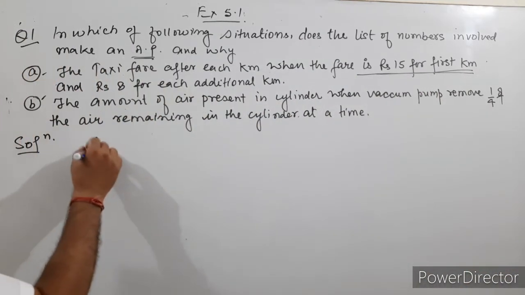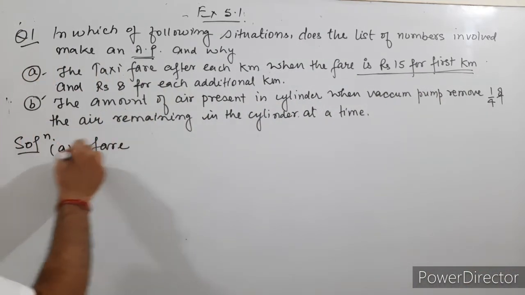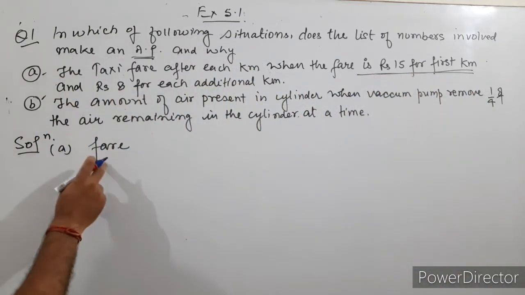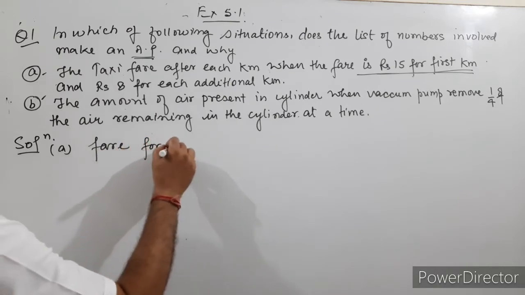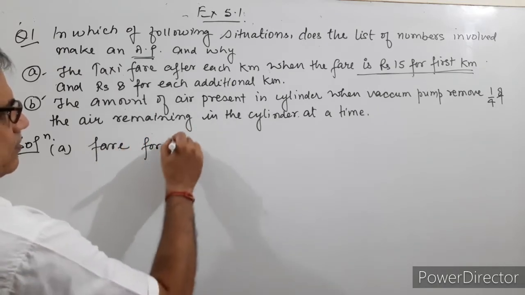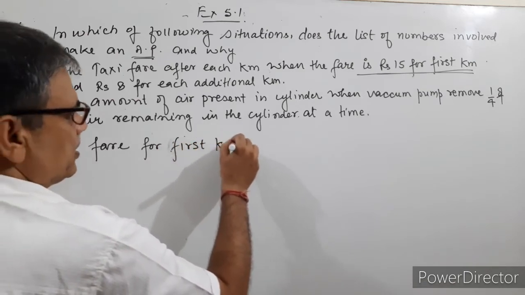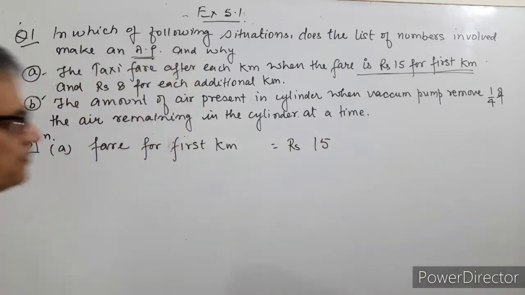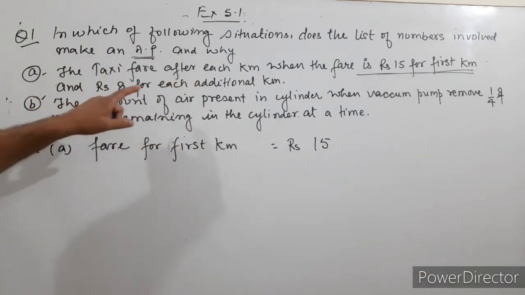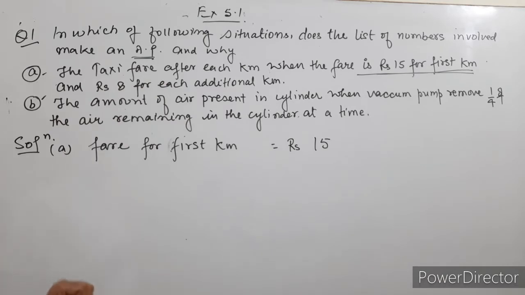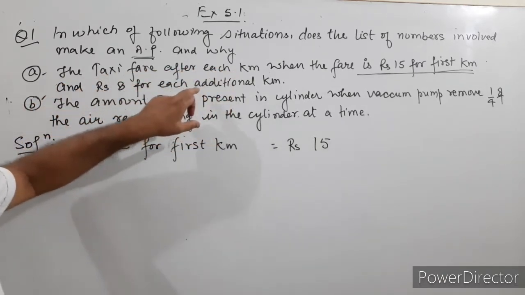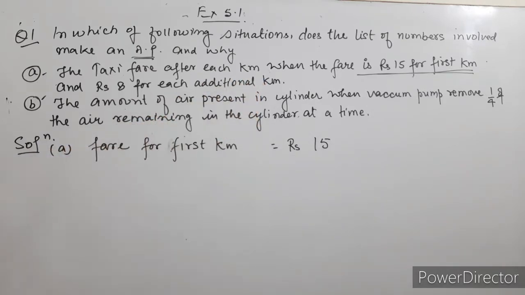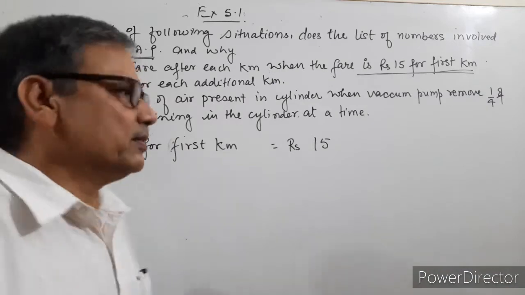It means the fare or charge for the first kilometer is equal to rupees 15, and 8 for each additional kilometer. The taxi fare after each kilometer means an additional charge of 8 rupees per kilometer.